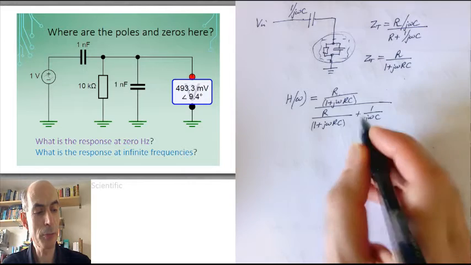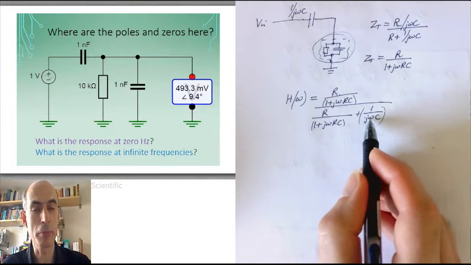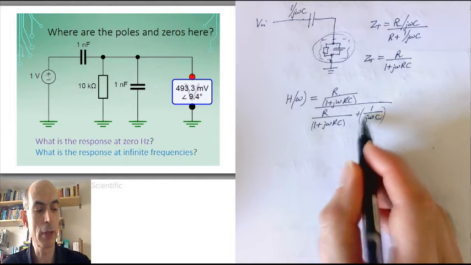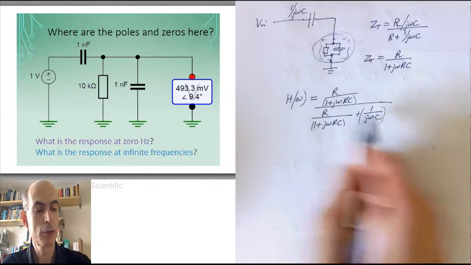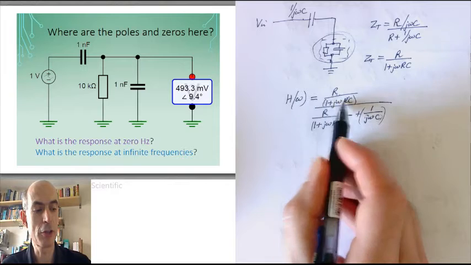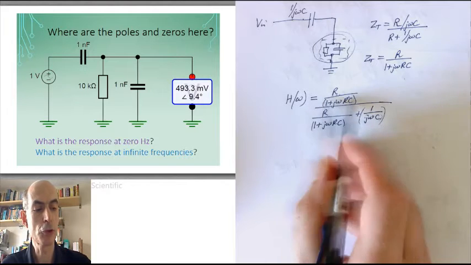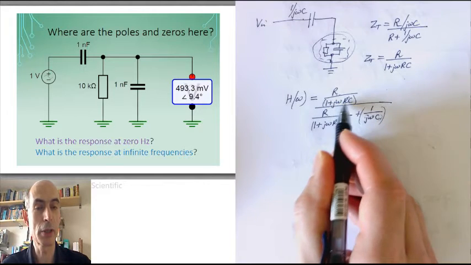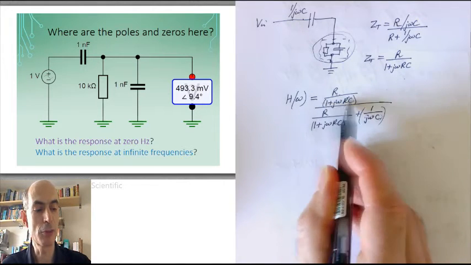So if I have a term like this with 1 over something on the top or the bottom, I'm going to multiply by the denominator of this term. Do the same thing with the denominator of this term up here. So I'm going to multiply everything by j omega c times 1 plus j omega rc to get rid of these terms on the bottom.